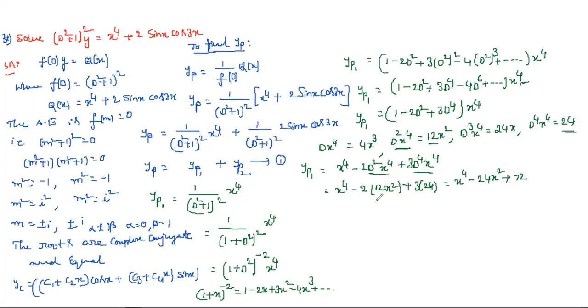So this is yp1. And now we need to calculate yp2. So yp2 is equal to 1 by (D^2 + 1)^2 into 2 sin x cos 3x.